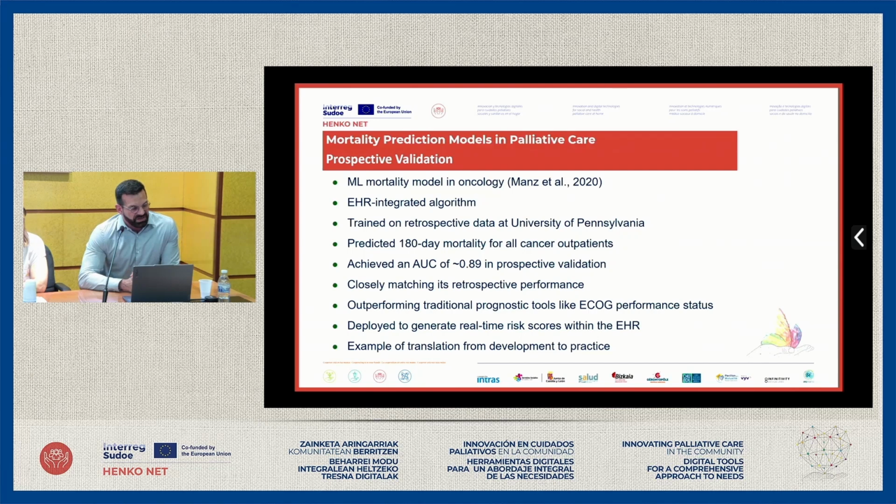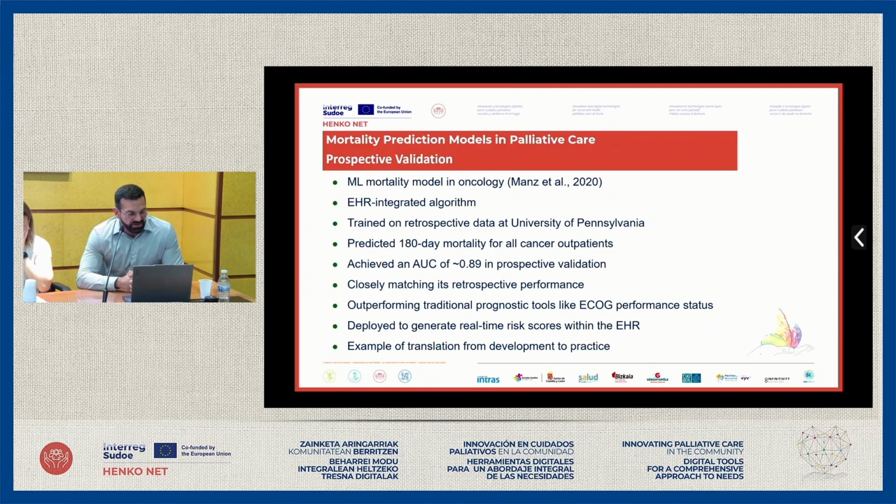Okay. I gave you a last example of models predicting mortality, developed by Mentz et al. in 2020. It was an integrated algorithm, also on electronic data, but it was predicting 3-month mortality for all cancer outpatients.